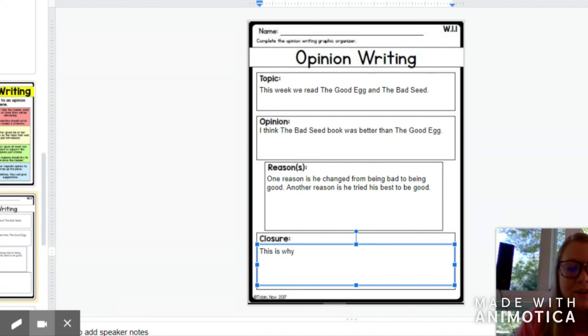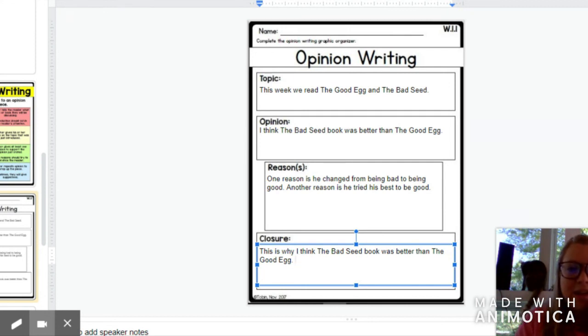So writing a conclusion is pretty easy. So I say, this is why, and then I'm going to rewrite what I wrote for my opinion. So this is why I think the Bad Seed book was better than the Good Egg.